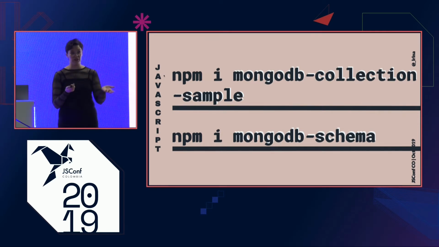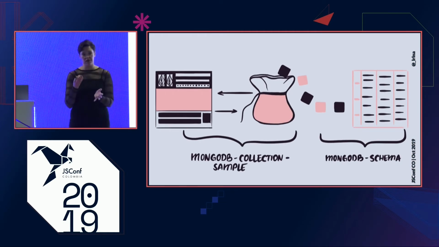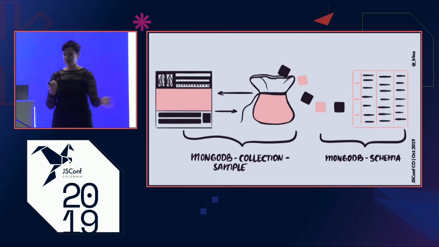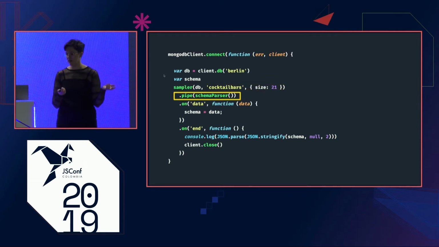That one does the parsing and is currently in JavaScript, and is also now in Rust. And they communicate with one another. The collection sample queries a database and then returns a bunch of stuff to our Electron application, and MongoDB schema does the parsing. It's just a little stream that connects the samples and then pipes, but the part that we've replaced is this little pipe.